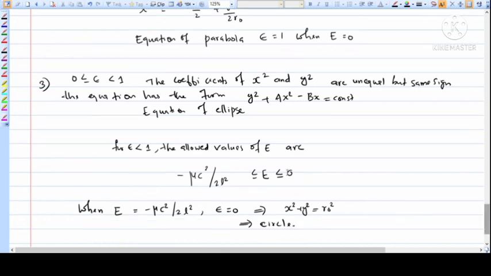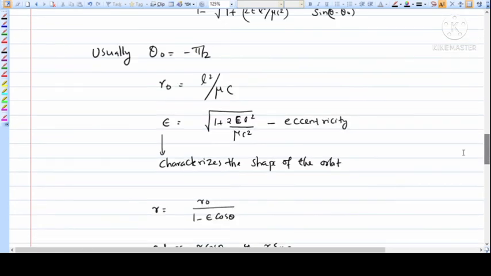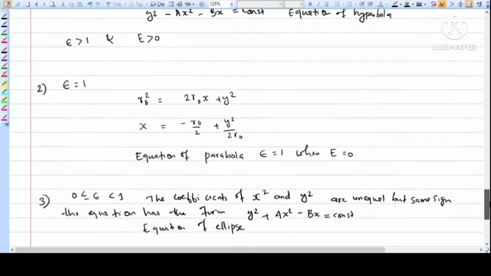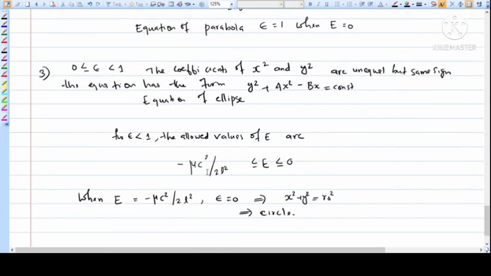When epsilon is less than 1 and greater than or equal to 0, this will be a positive quantity. So the coefficients of x square and y square will be positive in sign, but the magnitudes of the coefficients are unequal. So the equation will be of the form y square plus a x square minus bx is equal to constant, and this is an equation for an ellipse.